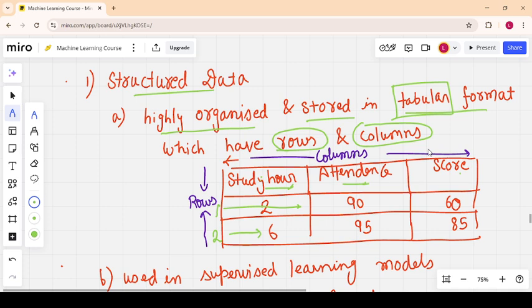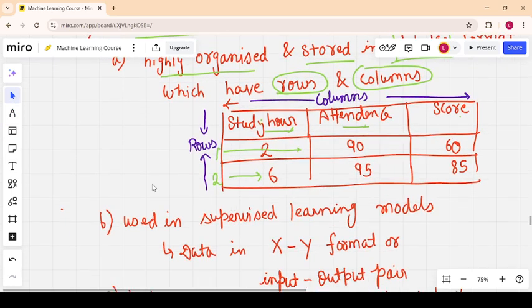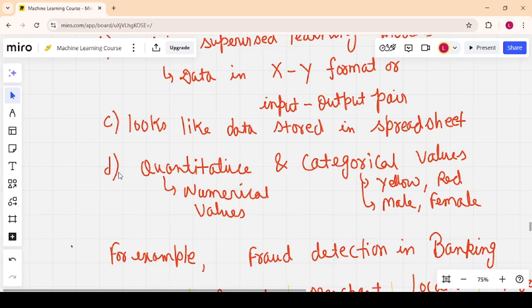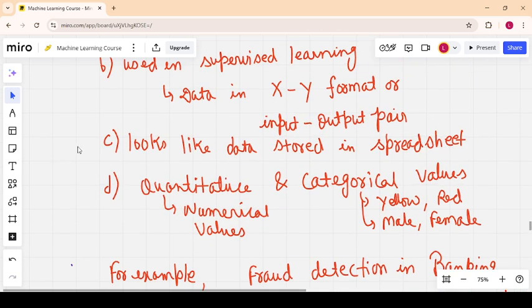That dataset can be used in supervised machine learning, where datasets are in XY format, as input-output pairs. So in supervised machine learning, most of the data is structured data.